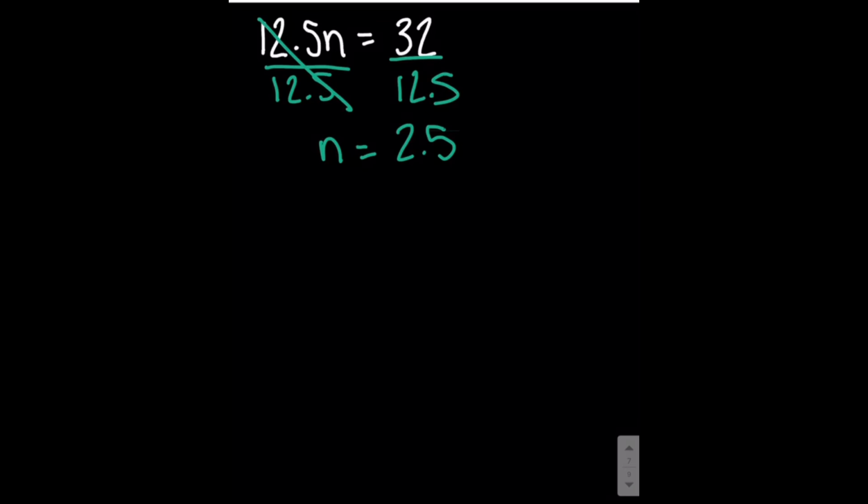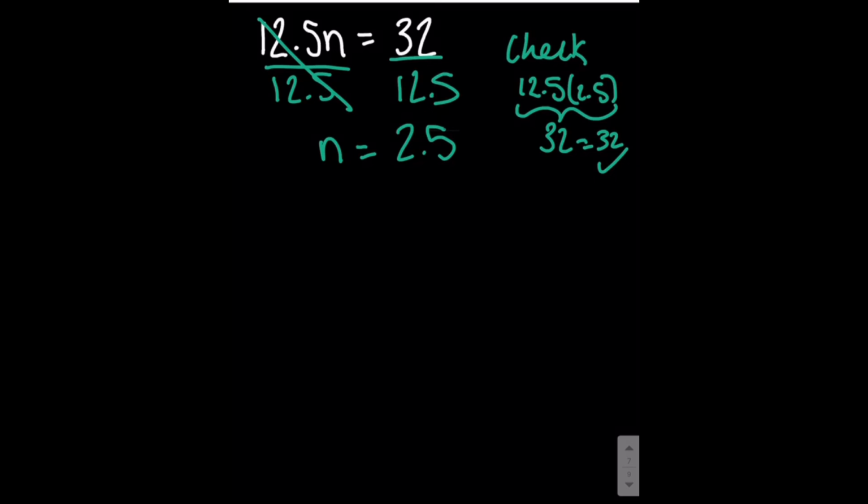And if I check, that would be the same exact thing over here. I would get 12.5, and so the n gets substituted for 2.5. And when I multiply this, I do get 32, and 32 equals 32. And that works out.